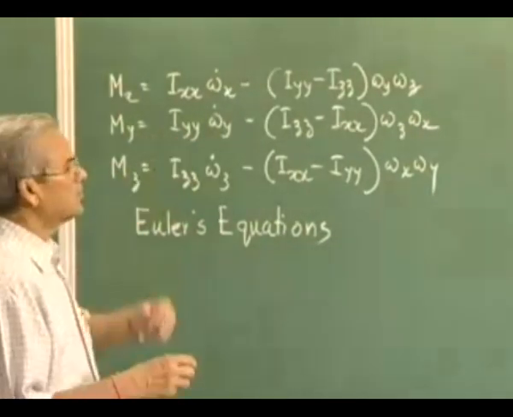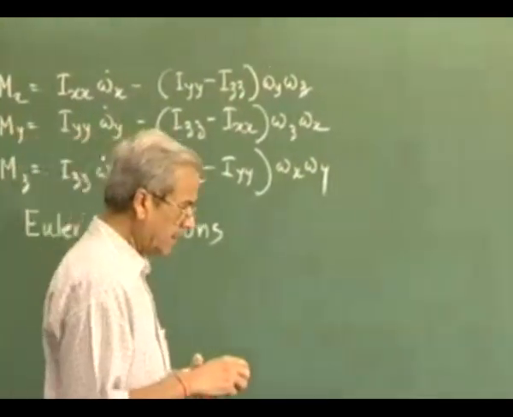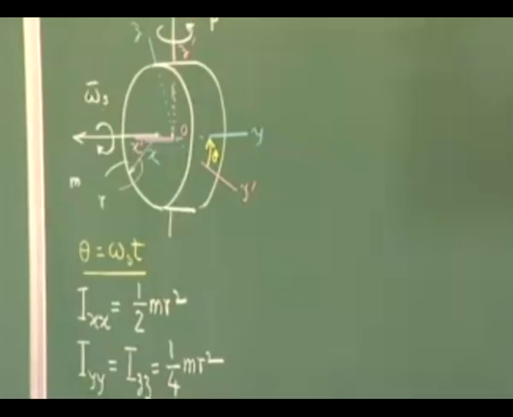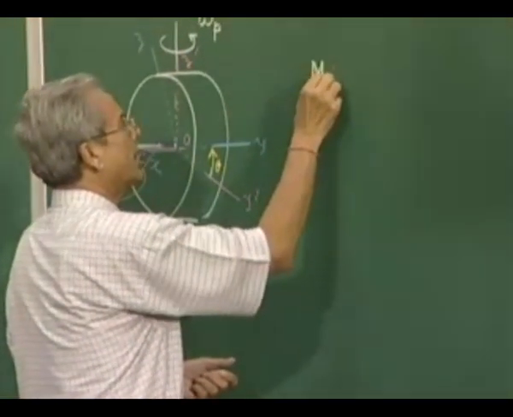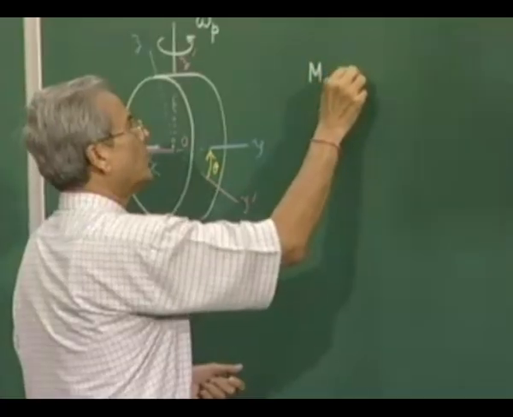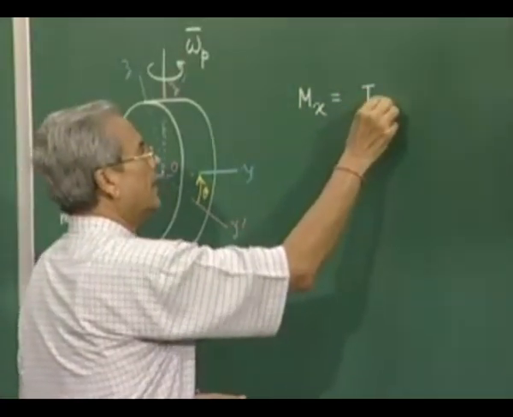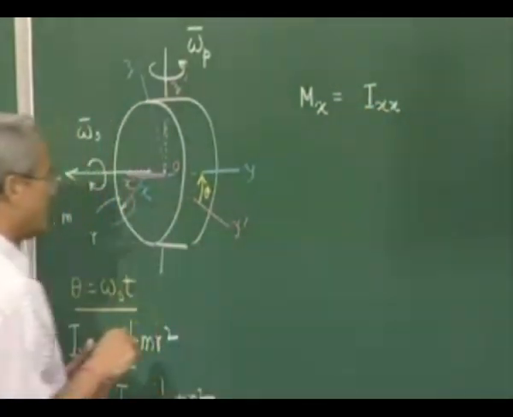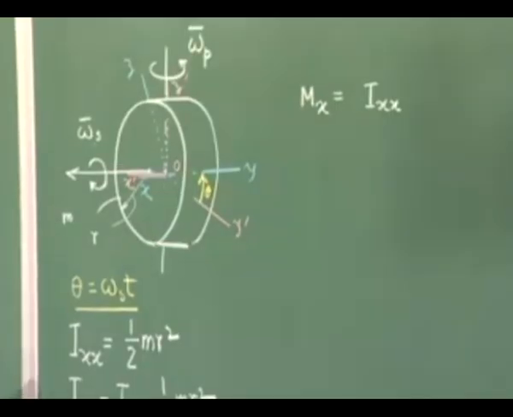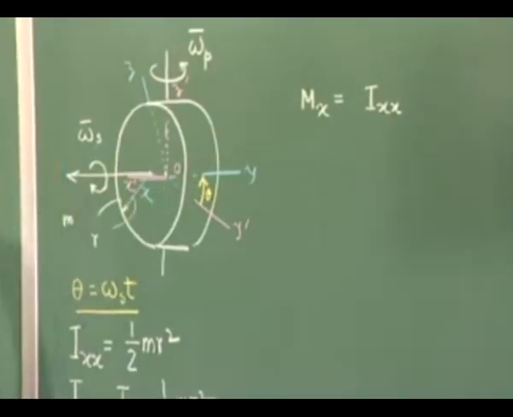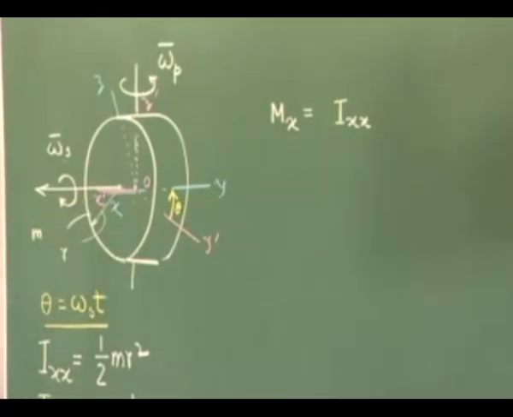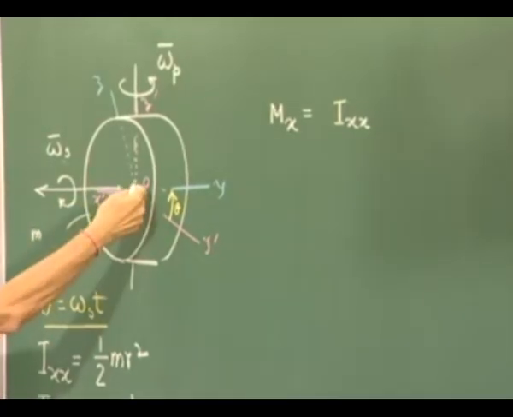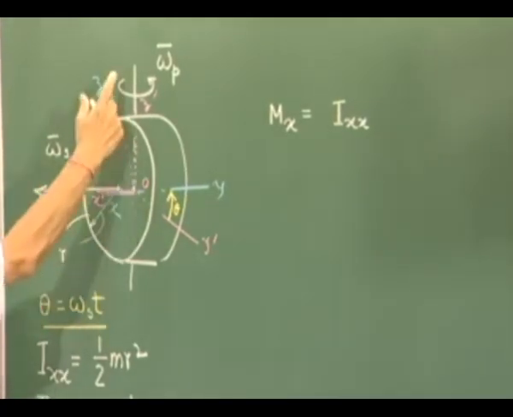Now let us use these equations and try to find out. So we find that mx is equal to Ixx omega x dot. Now the angular velocity of the rigid body you have to find out. You see that the rigid body has two angular velocity vectors, one is omega s, other is omega p.